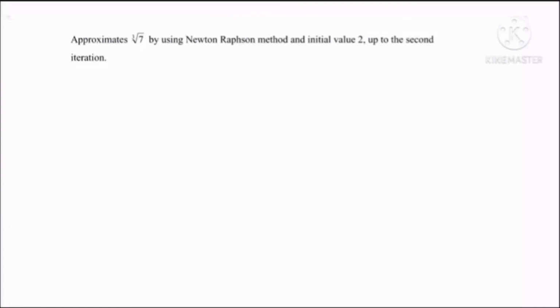Kindly refer to the question. Approximate surd 7 by using the Newton-Raphson method and the initial value 2 up to the second iteration. So in here, what we have to do is to write down the situation: approximate surd 7. The meaning will be x is equal to surd 7.